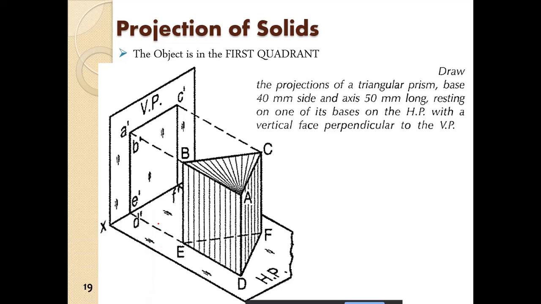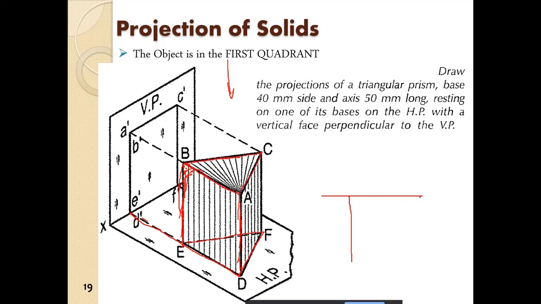So you can see this edge, this surface is perpendicular to the vertical plane. So when we see from top, we draw this line first, then we draw the projection of this face.